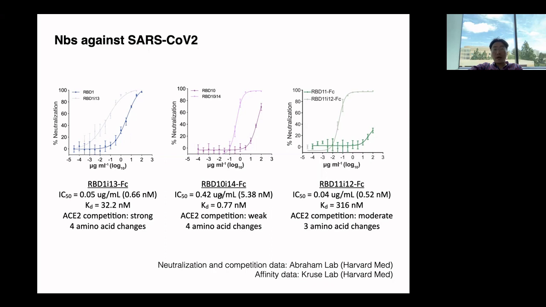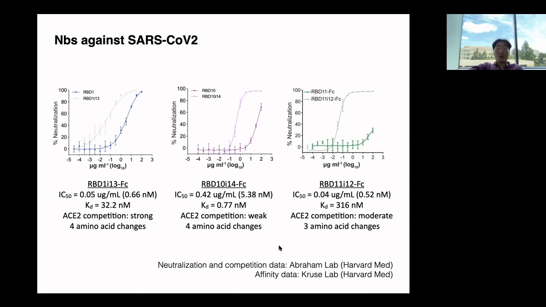Some of these have decent affinity, but not the greatest affinity, but they also neutralize the virus very well. And if you look at why there's this kind of diversity in behavior, it has to do with the epitope they're binding, as you can imagine.